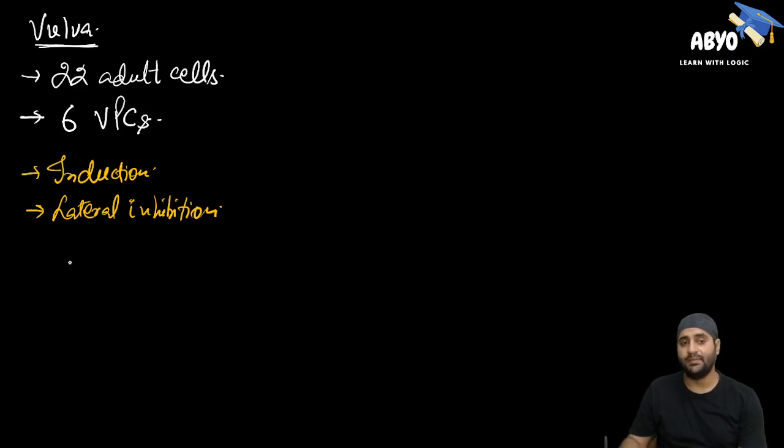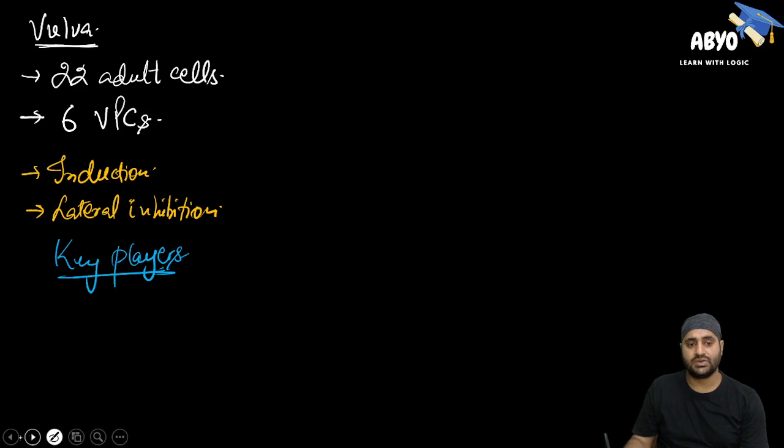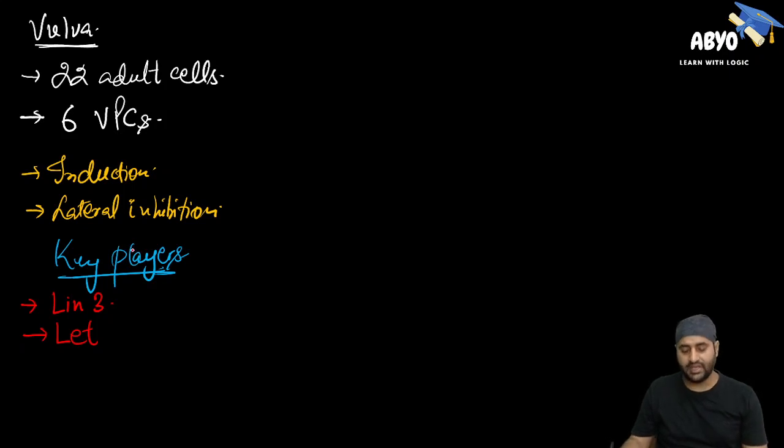Now, one more important point is the key players. Who are those key players? The key players are some ligands, that means some proteins, as well as their receptors. The first key player is the signaling molecule called Lin3. The receptor of this Lin3 is Let23.